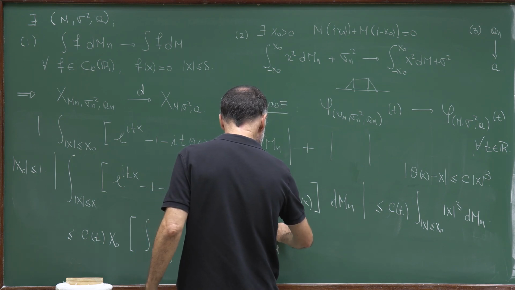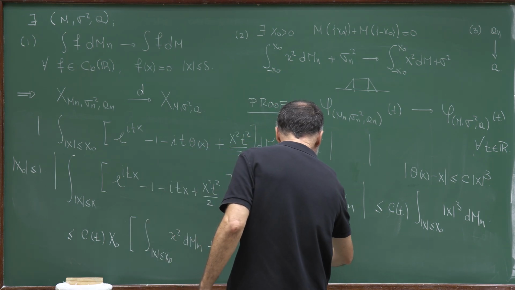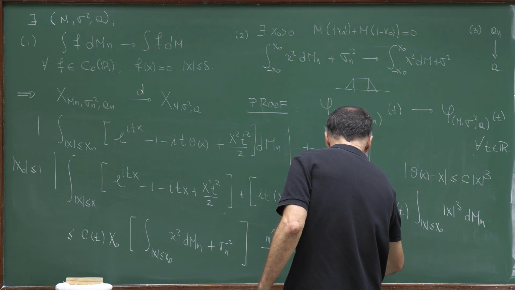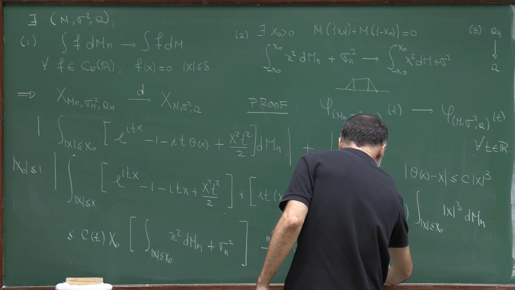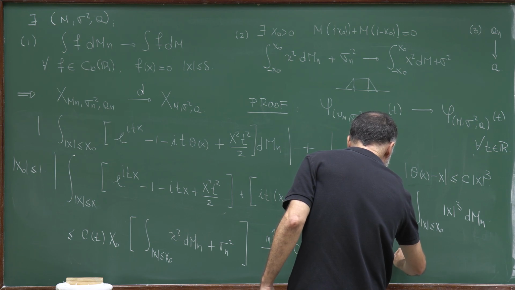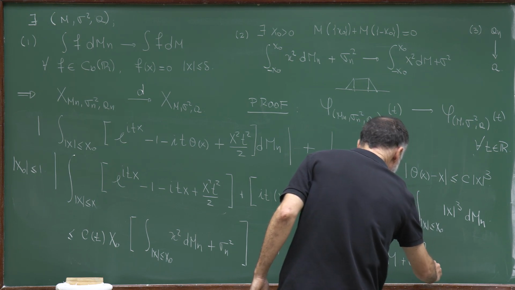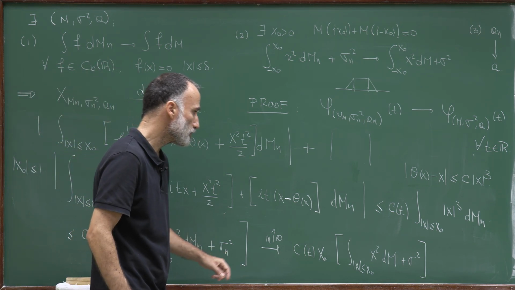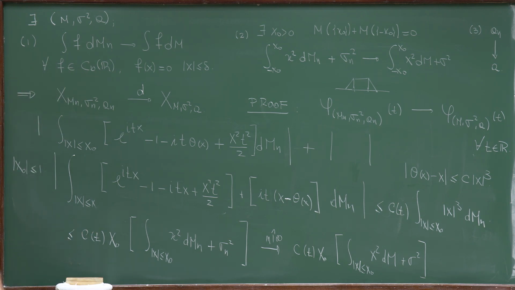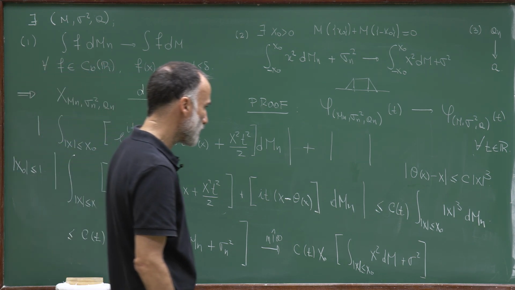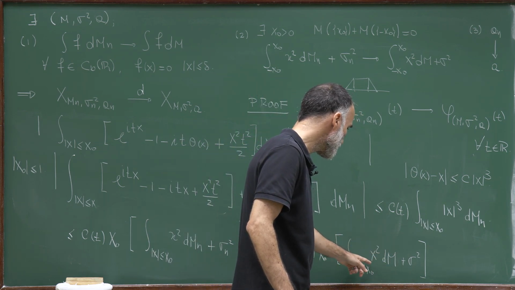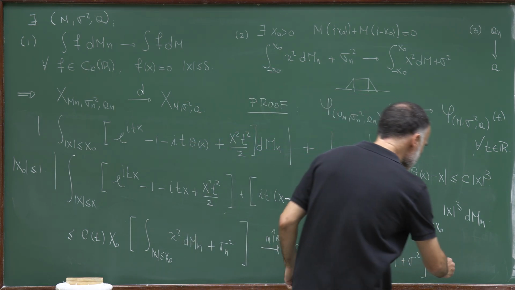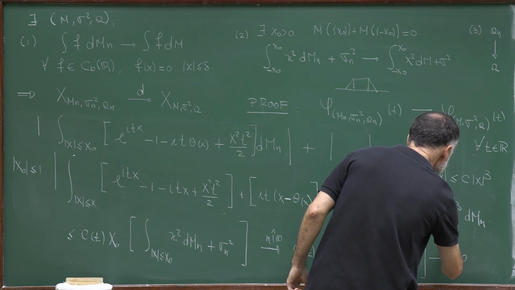So as n goes to infinity, it's converging to C_t x0 times the same expression with m instead of m_n and sigma instead of sigma_n. Now we are in business because m is a Lévy measure, therefore this integral is finite, sigma is a real number, so that's finite, so this converges to 0 as x0 converges to 0.